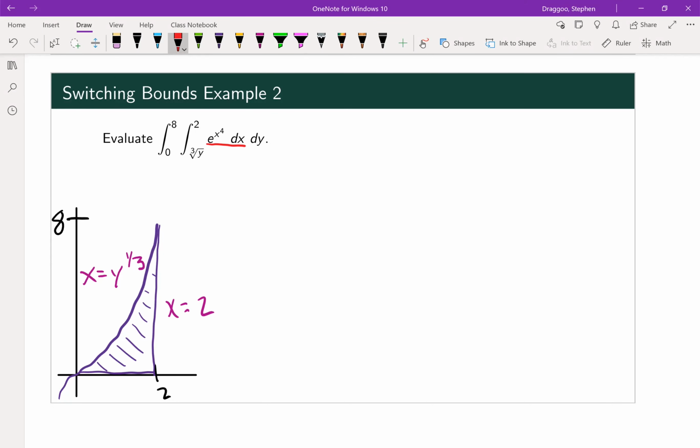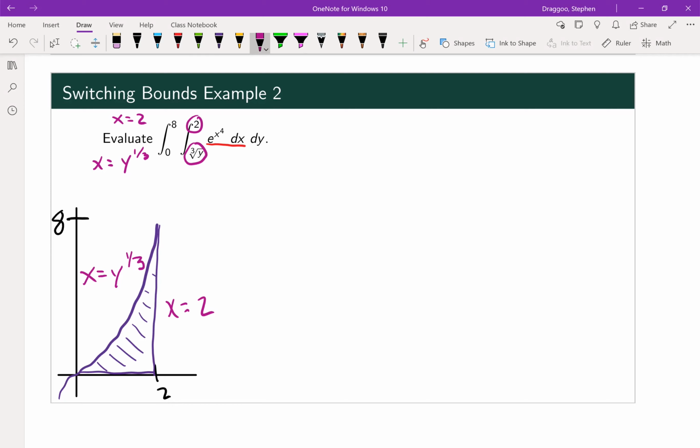So instead, we're going to want to switch our boundaries around, just like we did last time. So we'll look at those two equations again, which give us x equals 2 as the right boundary. x equals the cube root of y, or y to the 1/3, will be our left boundary, and we sketch the region that it comes up with.